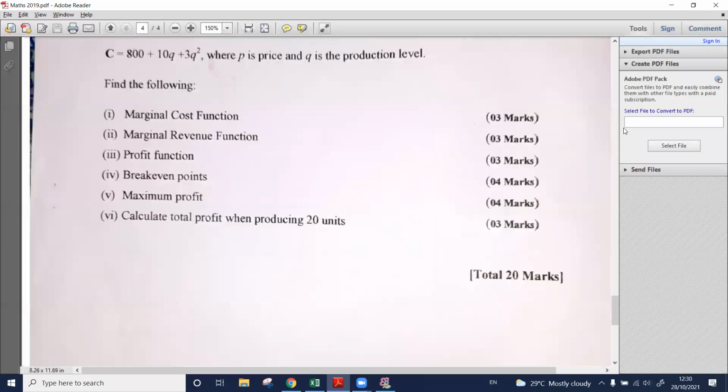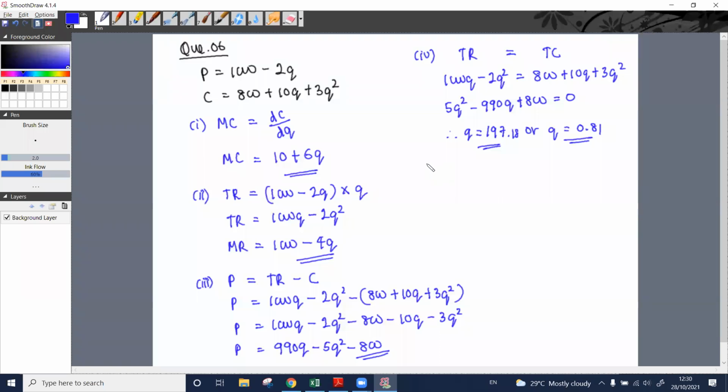Part 5, maximum profit. Maximum profit is where marginal revenue equals marginal cost. Marginal revenue 1000 minus 4Q equals marginal cost 10 plus 6Q, which means 10Q equals 990.